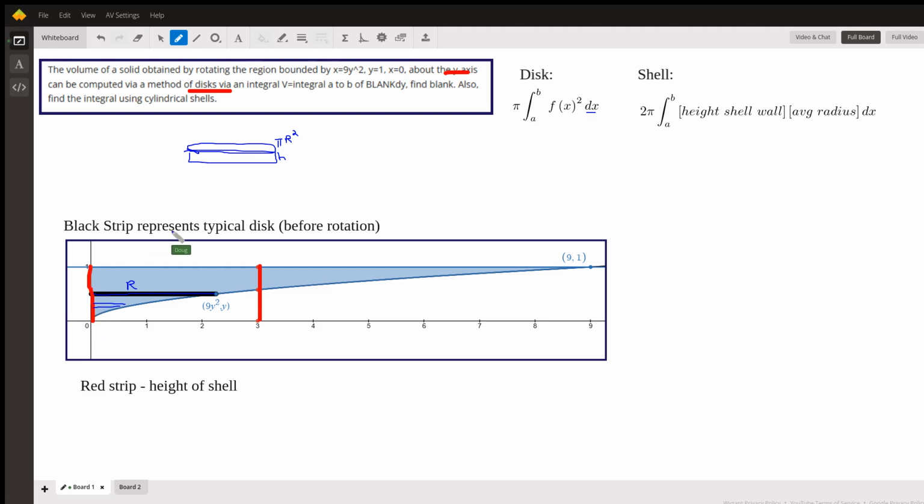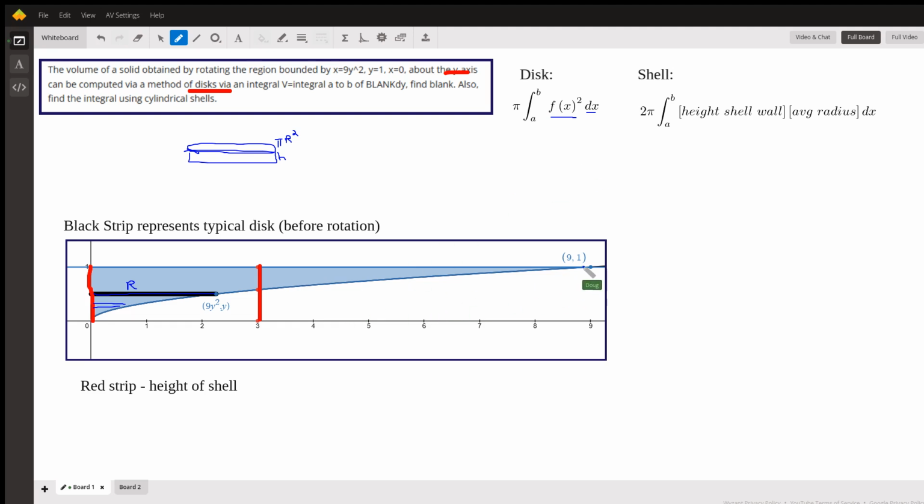When you're using the disk or the washer method, your typical disks or washers are perpendicular to the axis of revolution. And so here is pi times the definite integral from a to b of f of x squared dx. This is like the radius of your typical disk.